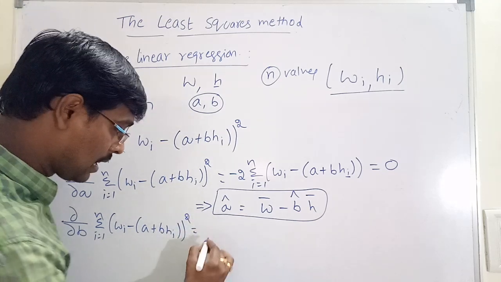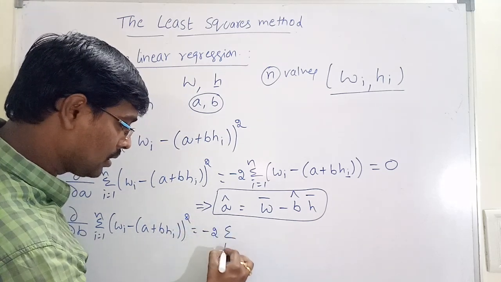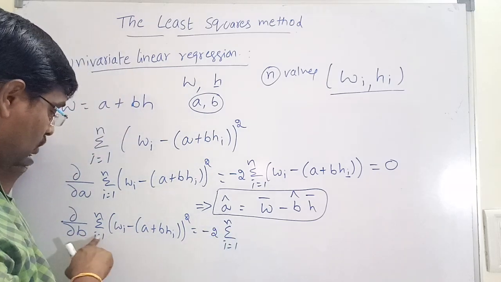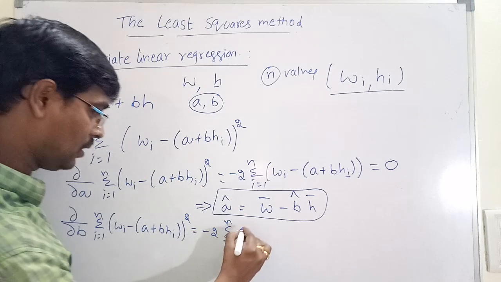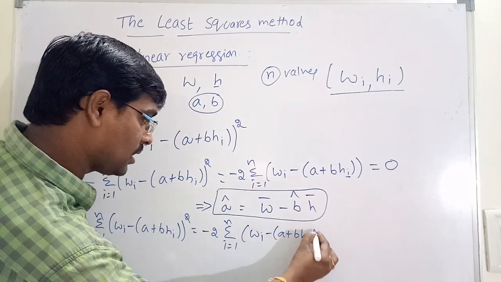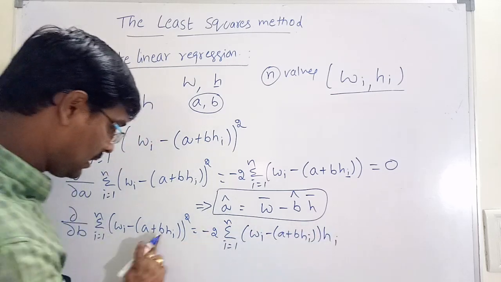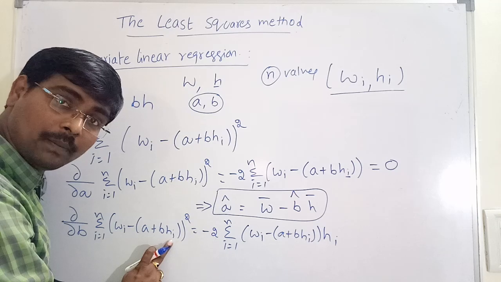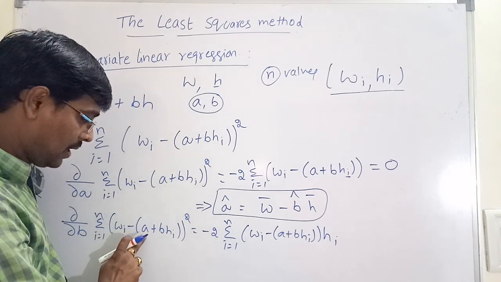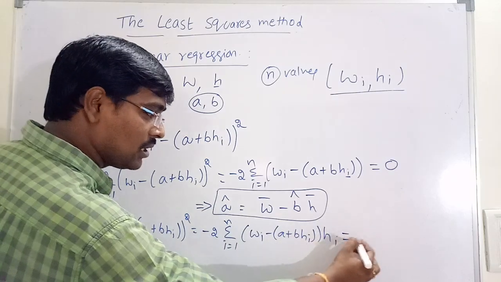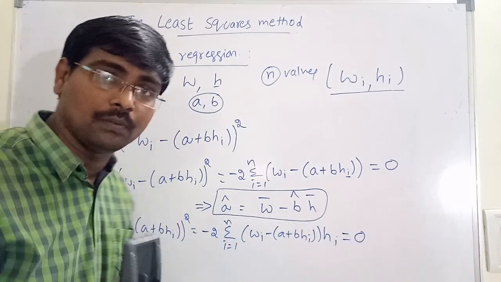So the answer is minus 2 into sigma i equals 1 to n, Wi minus A plus B Hi, into Hi, because I am calculating the derivative for B. B contains one parameter. In the previous one A was a constant, but here B contains the parameter into Hi. This is equal to 0.